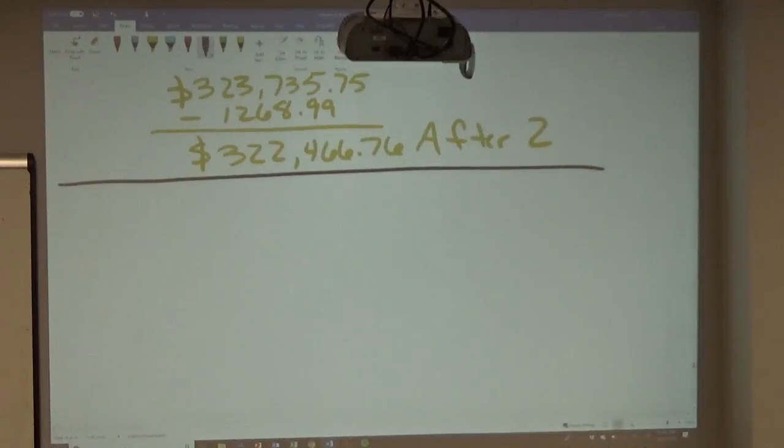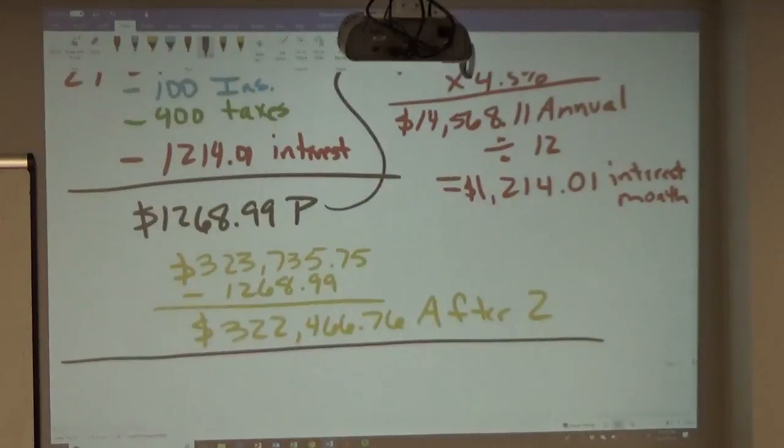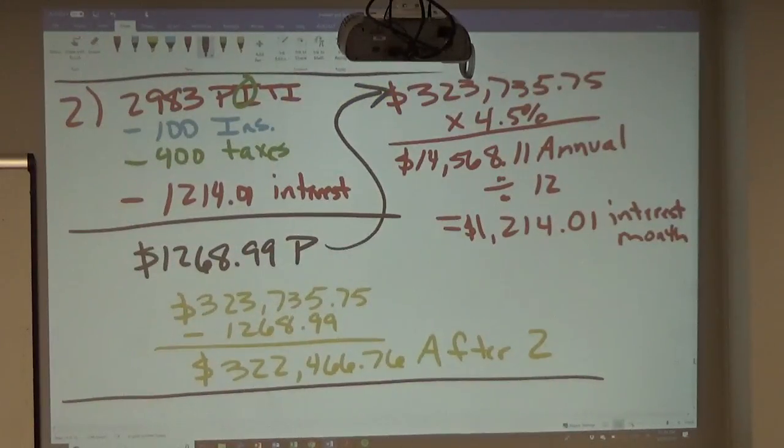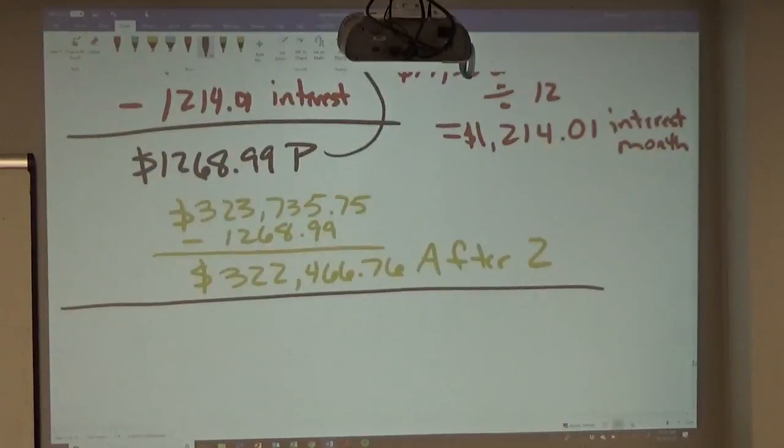So here's the thing about payment 3. Same thing was true with payment number 2. A lot of this information stays exactly the same. That $2,983 total payment, the $100 going toward insurance, the $400 going toward taxes, that all stays the same. So we got a $2,983 total PITI payment.